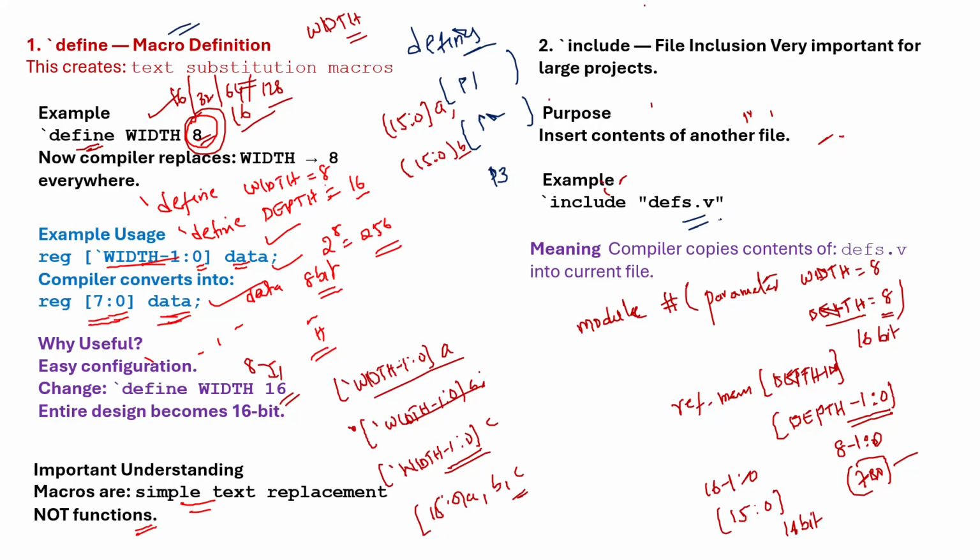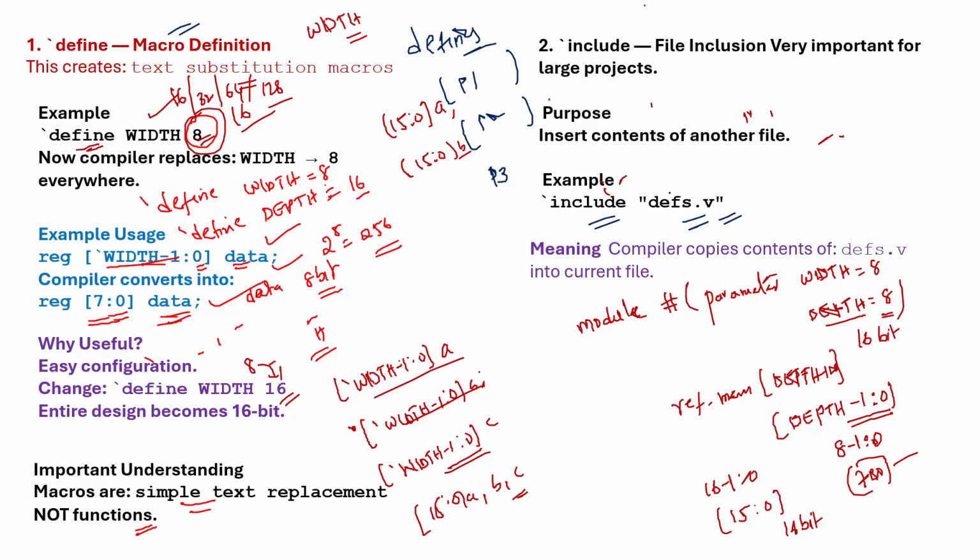I will just include this defines file in my current module by using `include defines.v. So if any other module you are utilizing it again, you are reusing it. That means we will reuse the module again here.